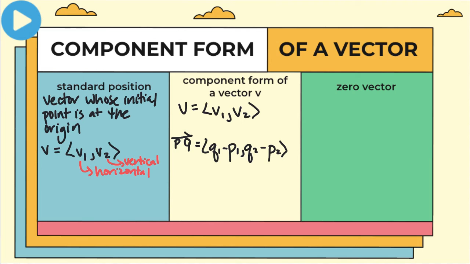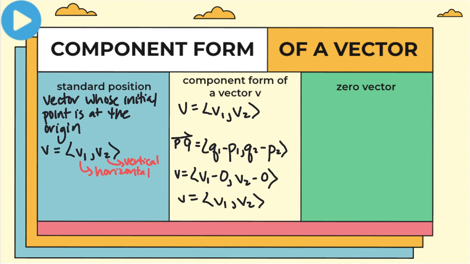Well, in the case of this vector, it is going to be ⟨v1 minus 0, v2 minus 0⟩. So notice how that second piece cancels out and it just becomes the vertical and horizontal movement.